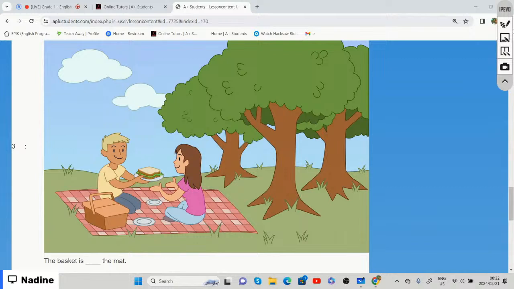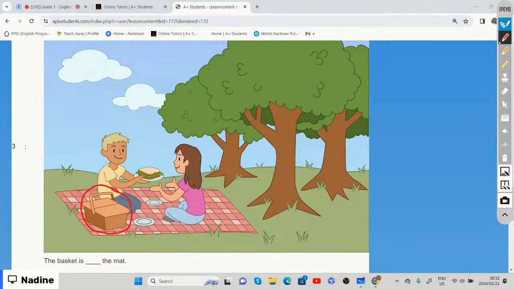So here we have a basket, right? And it is where? The basket is the mat. Where are they sitting?